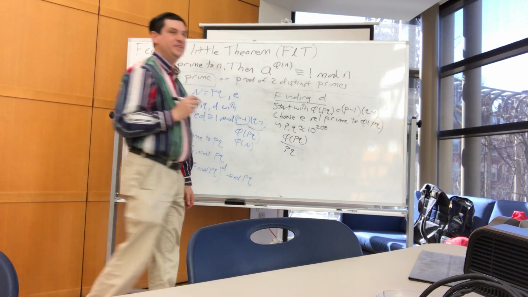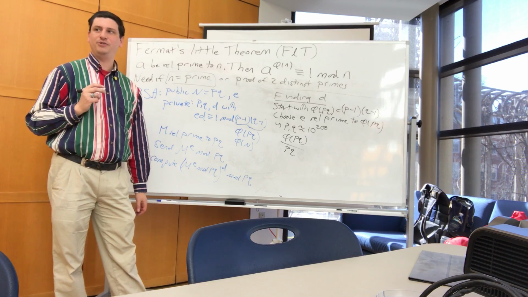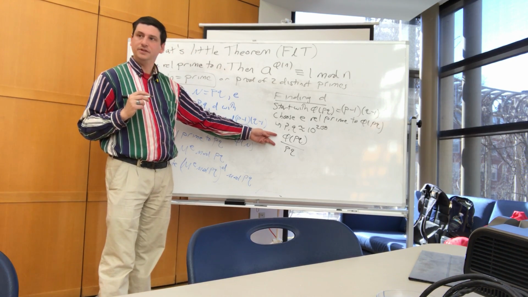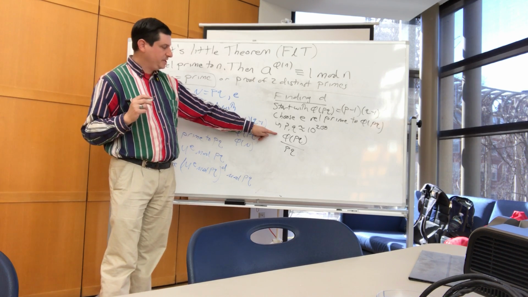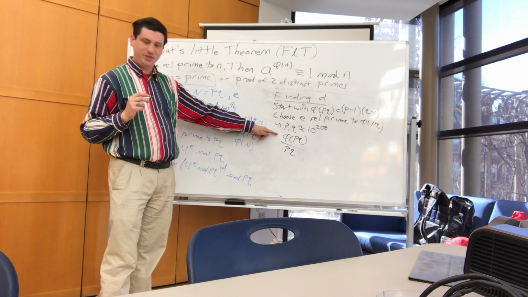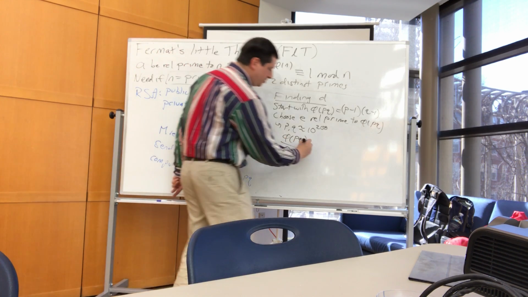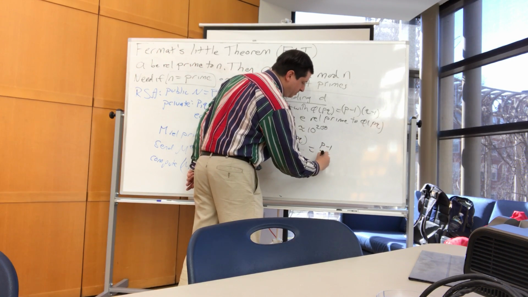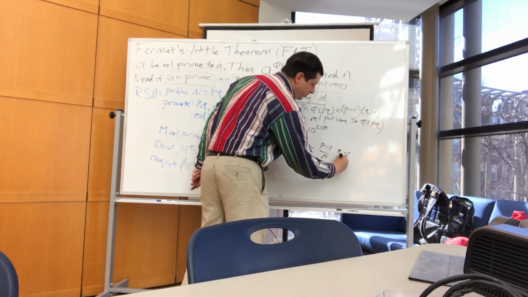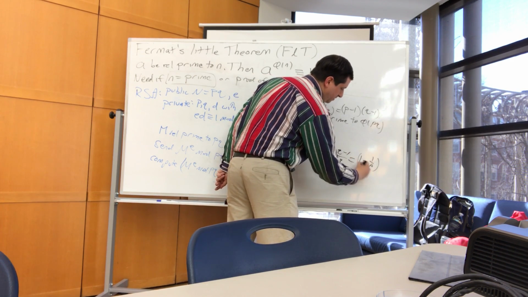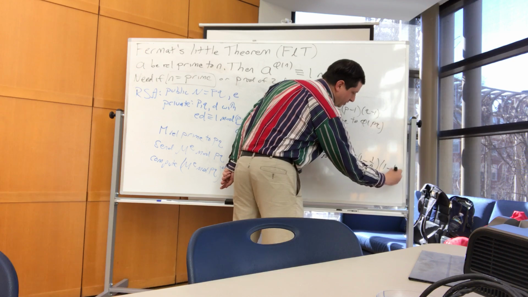That's the probability that a randomly chosen number is going to be relatively prime to PQ. This is how many numbers are relatively prime to PQ from 1 to PQ, and this is how many numbers are at most PQ. Well, this is then just (P minus 1) over P times (Q minus 1) over Q. So this is (1 minus 1 over P) times (1 minus 1 over Q).